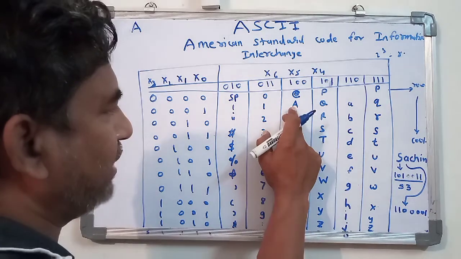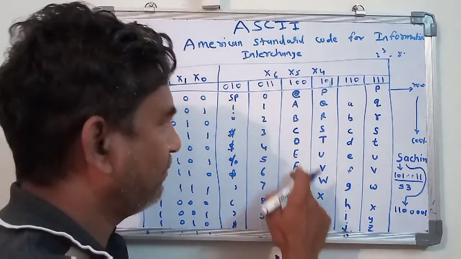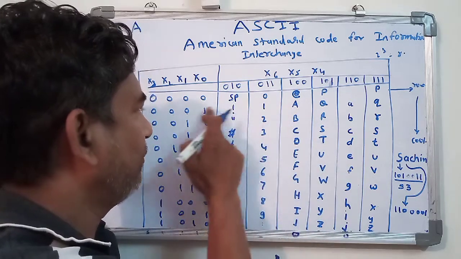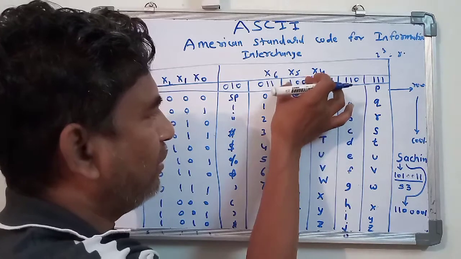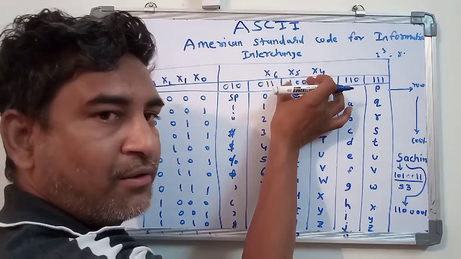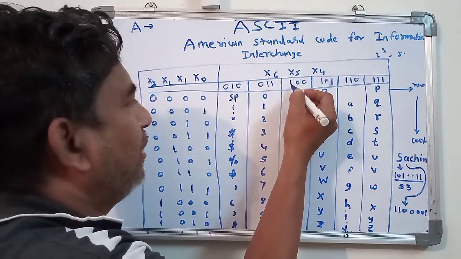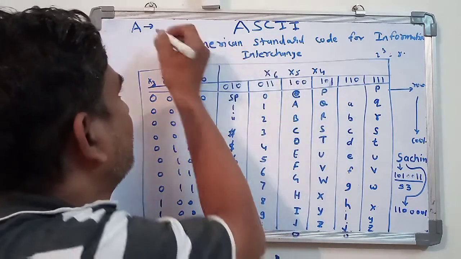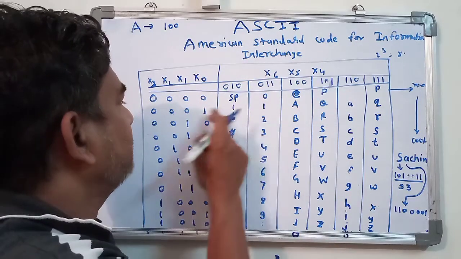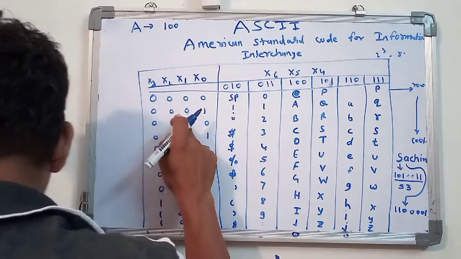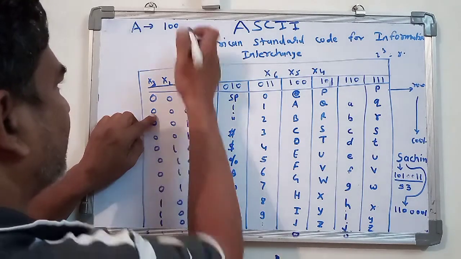Okay students, you have to consider first the column, and then you have to consider the rows. Where A is written, in which column, you first write down the 3-bit value. Here the A column is 100, and then the corresponding row is 0001.